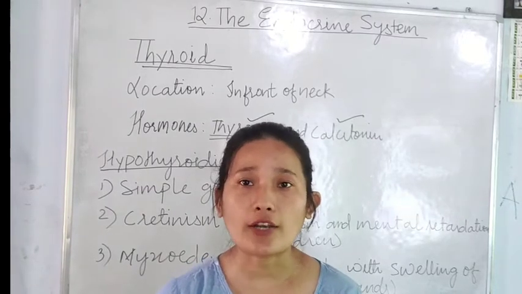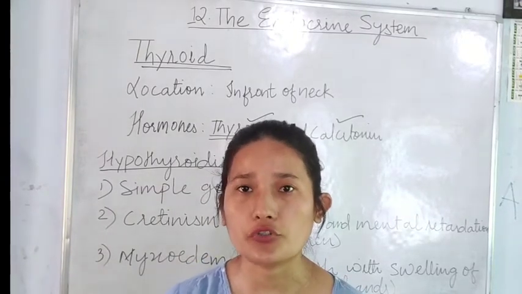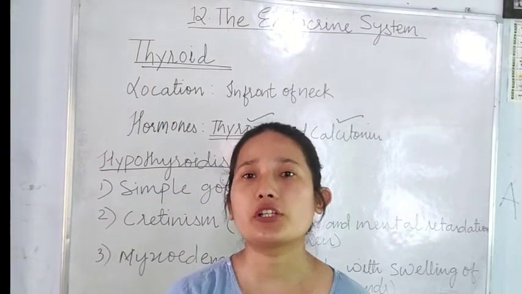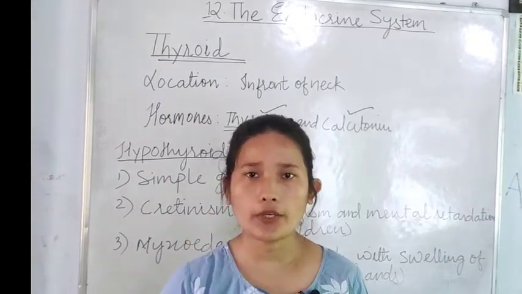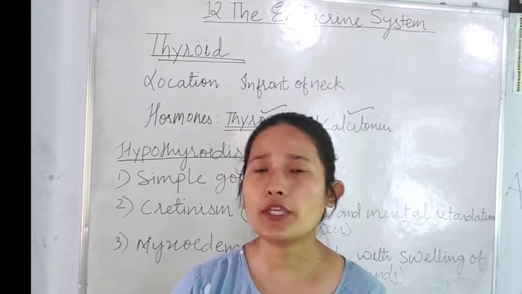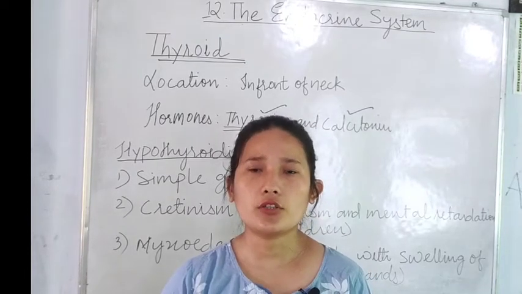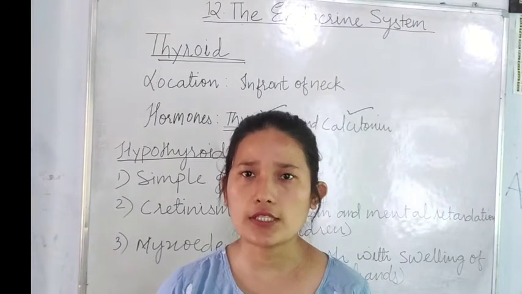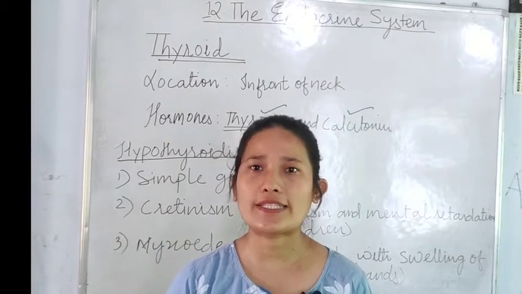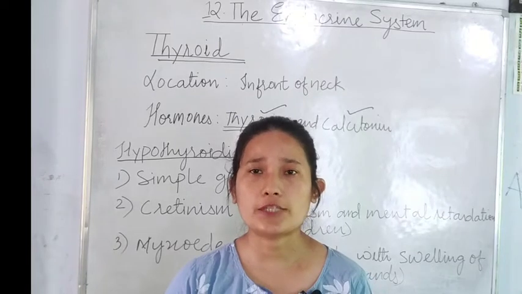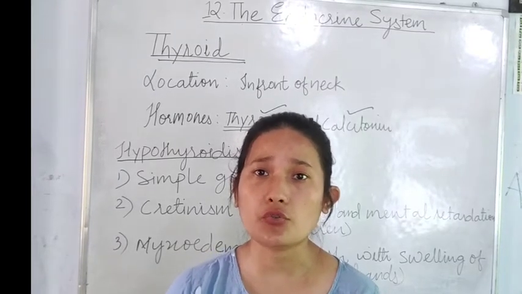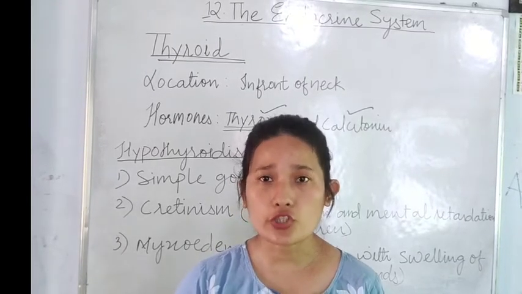So because of that, low secretion of thyroxine is going to take place, and that will result in goiter. Okay, so how can we cure that? Since it's a diet deficiency disease, by taking the diet rich in iodine, you can correct this particular disease. That's why you are suggested to take iodized salt.